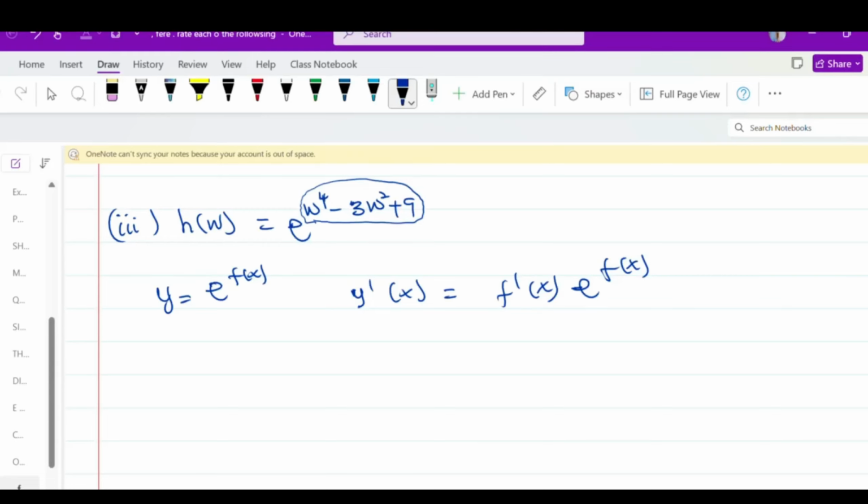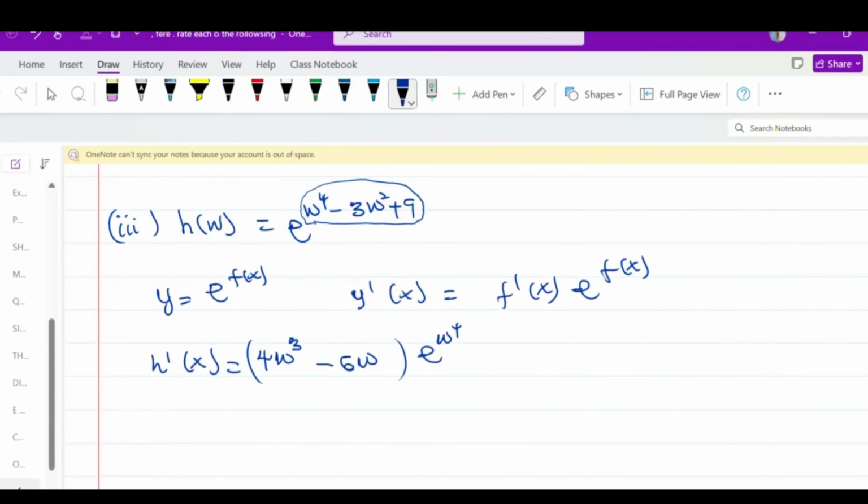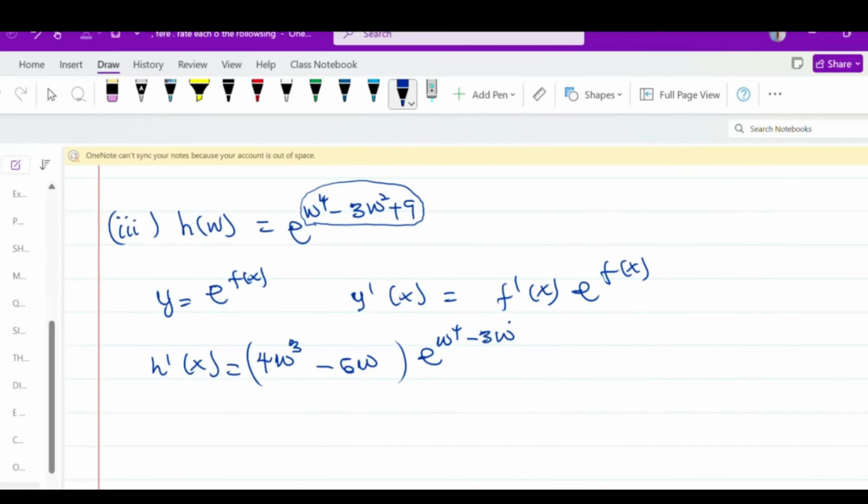So when you differentiate the exponent of e, you're going to get 4w cubed minus 6w. And then we multiply it with e exponent our original function that e was carrying. So this is our final answer.